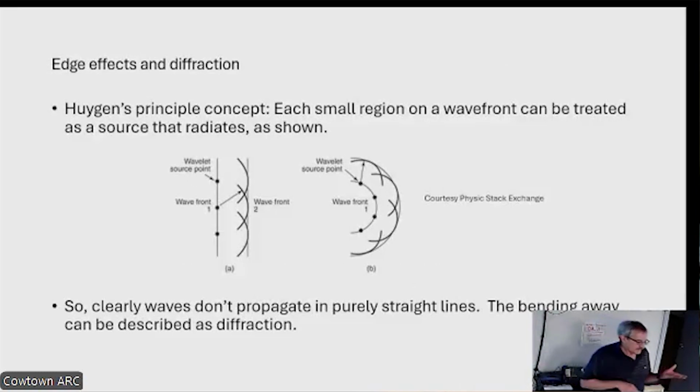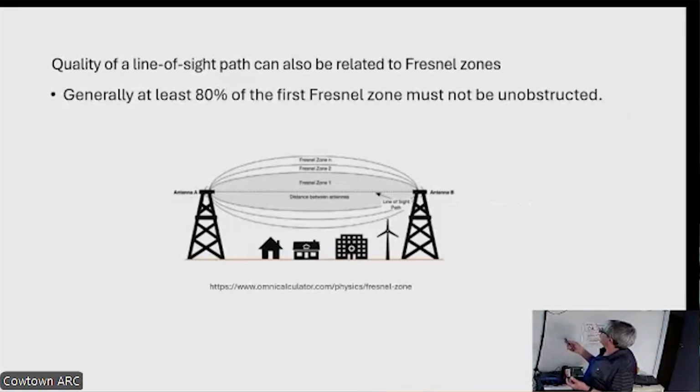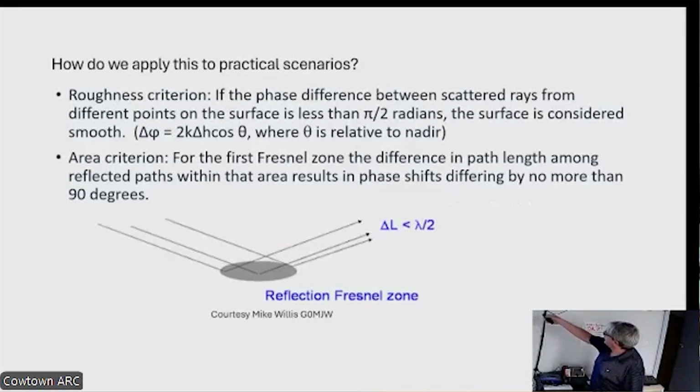Question: what determines the height of that Fresnel zone? The center of it is the line of sight between antenna A and B, and it goes outward from that, kind of circular. The same criterion applies as before.